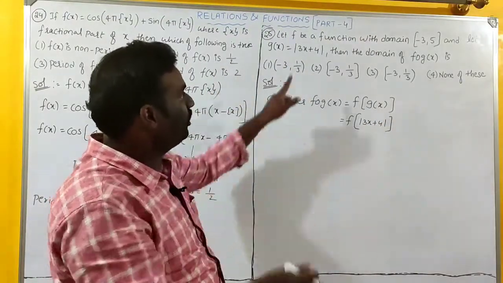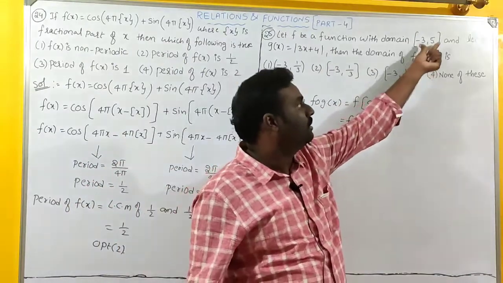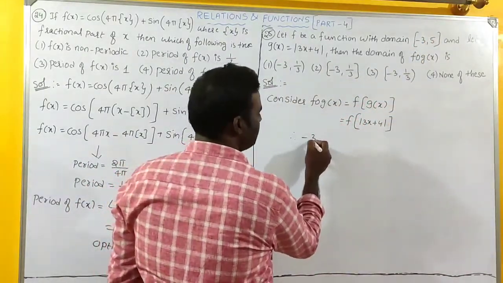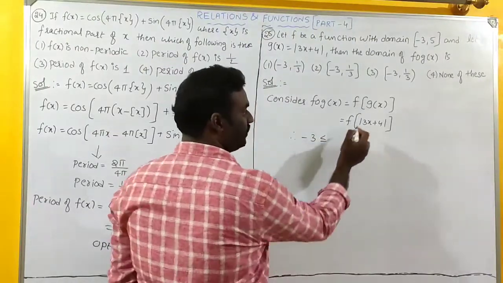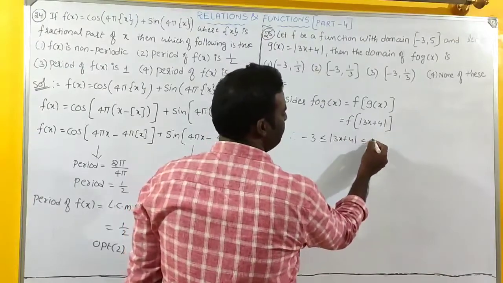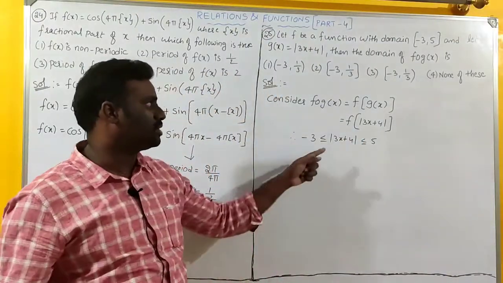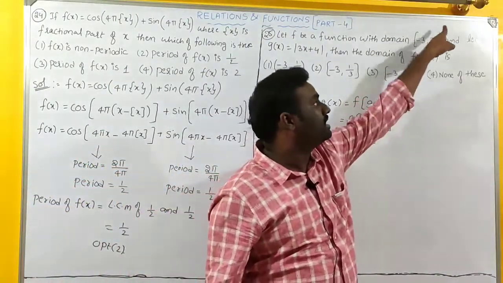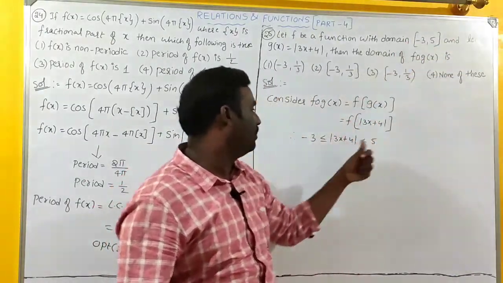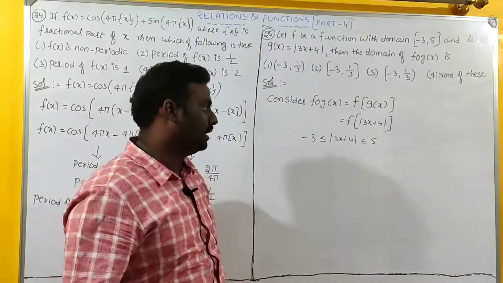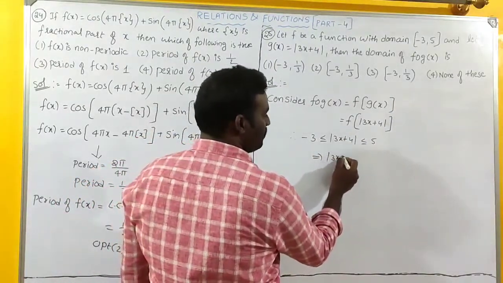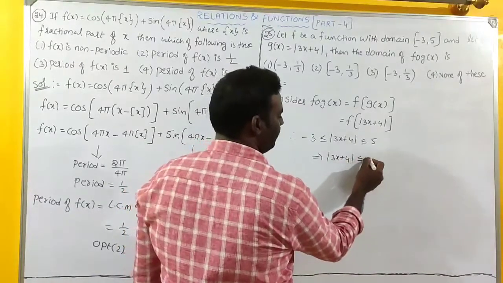Okay, we know the domain of f. What is that? Minus 3 to 5. Therefore, minus 3 less than or equal to mod 3x plus 4 less than or equal to 5. Why did I take less than or equal to? Here a closed bracket is given, that's why less than or equal to. If an open bracket is given, only less than. In this I am taking condition number 2, mod 3x plus 4 less than or equal to 5.